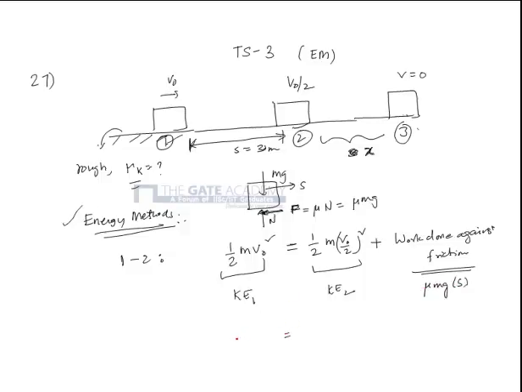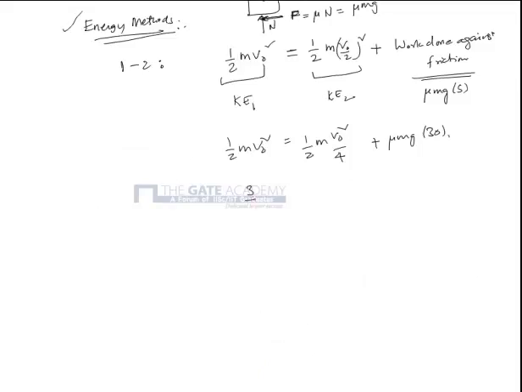So this becomes half m v0 square equals half m v0 square by 4 plus mu mg into 30. I can write this as 3 by 4 into half m v0 square equals mu mg into 30. This is equation 1.